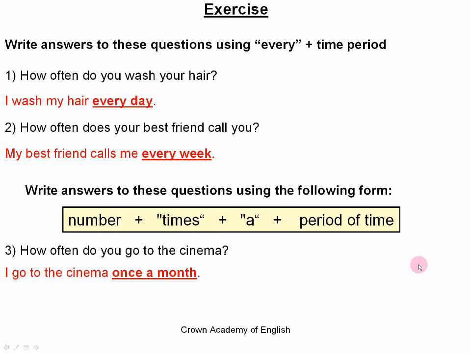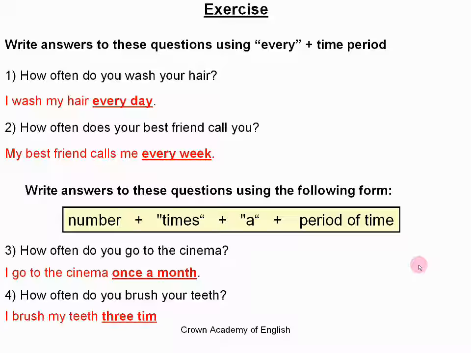Once a month. How often do you brush your teeth? Well, my answer is, I brush my teeth 3 times a day.